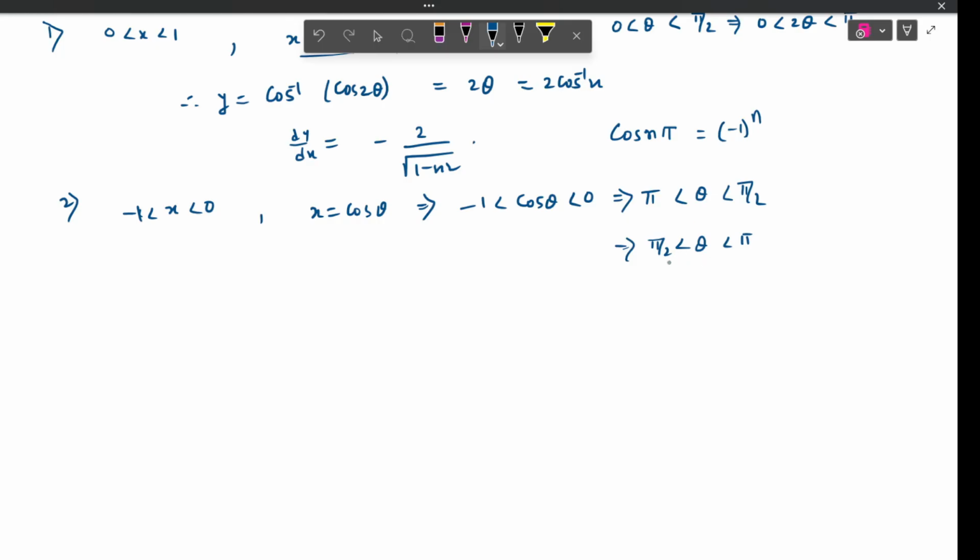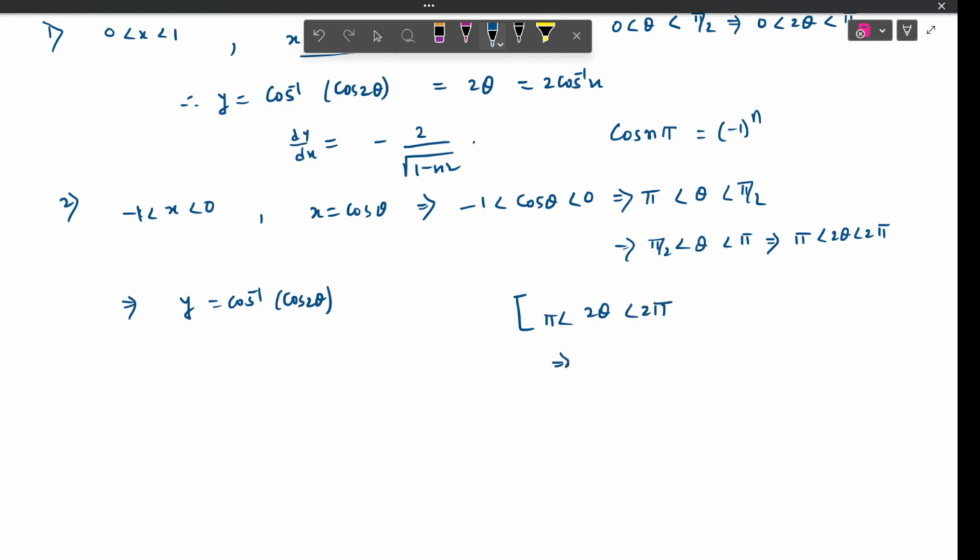If you multiply by 2, you will get pi less than 2 theta less than 2 pi. So 2 theta varies from pi to 2 pi. Now our y is cos inverse of cos 2 theta. Now we know that here 2 theta varies from pi to 2 pi.